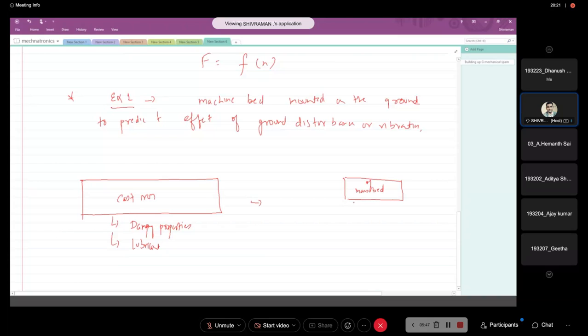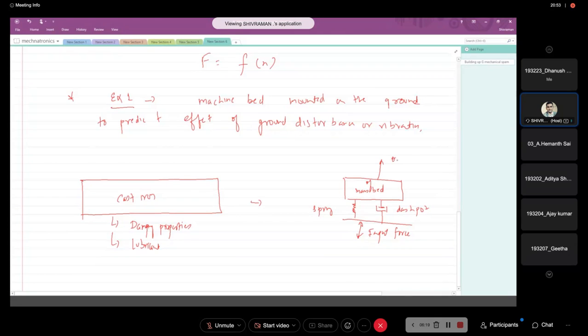The stiffness of the cast iron material can be analogous to your spring system, and the damping property can be referred to as a damper or a dashpot, and a spring which is connected to the ground, and an input force will be there, which is supplied to the ground during the machining operation.